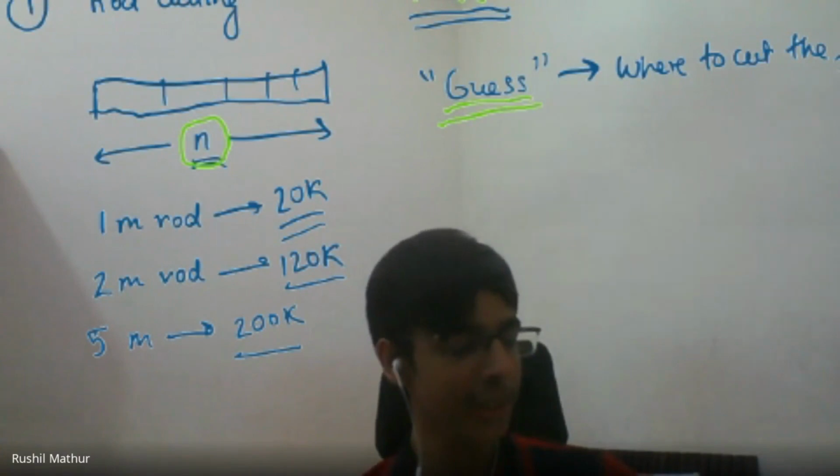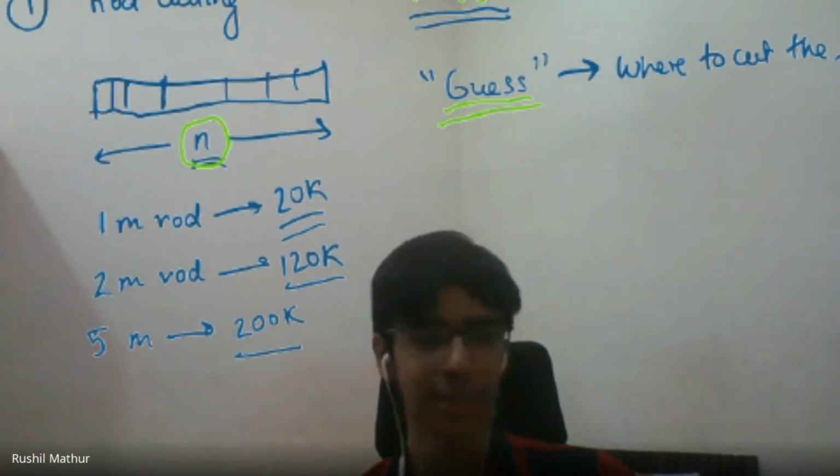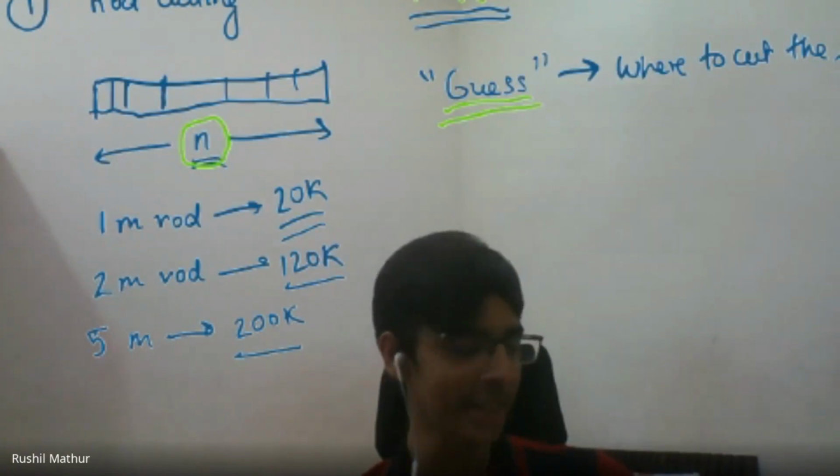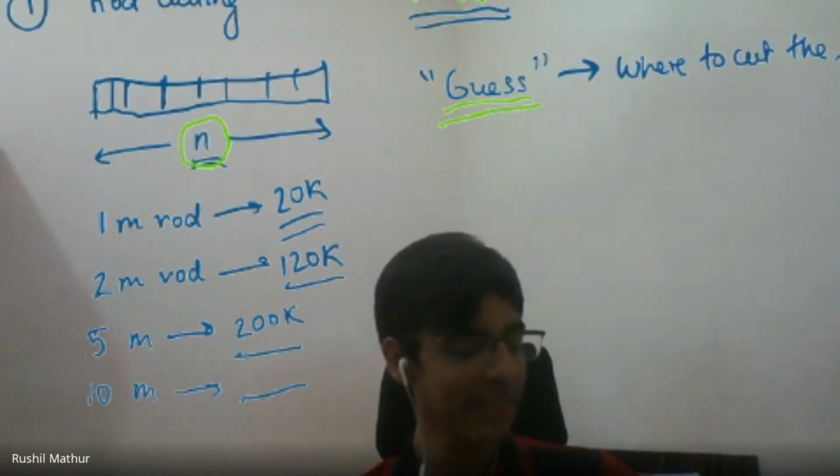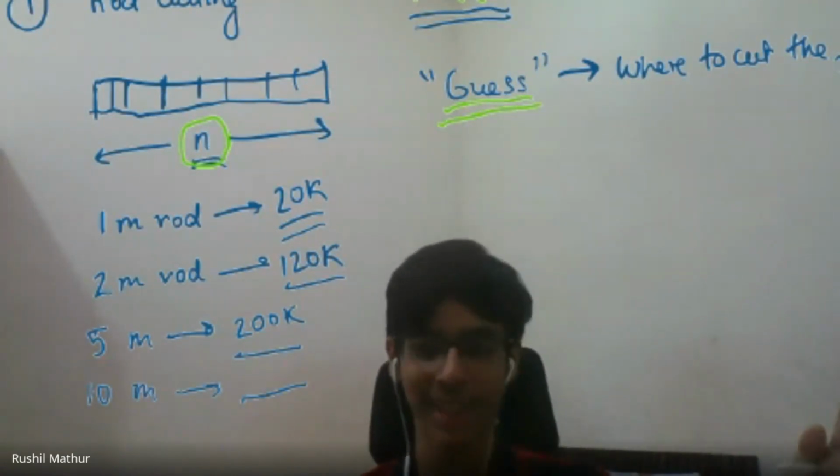You could cut at the first place, or you could cut at the second, or at the fifth, or at the 10th if you have a length of 10 meters. All of these options are there.